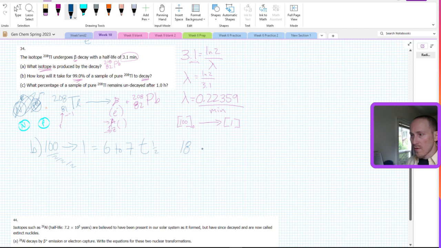I'm ignoring the 0.1 for a sec. And 21. So it's somewhere between 18 and 21 minutes that we are going to decay 99% of our sample. So this is pretty fast, right? After somewhere in between 18 and 21 minutes, we're going to have shot beta particles off of 99% of the sample.